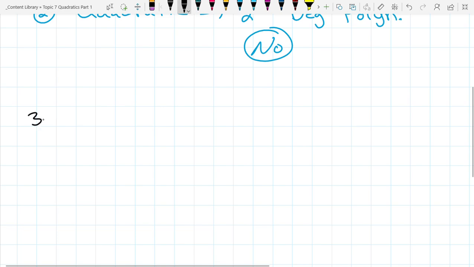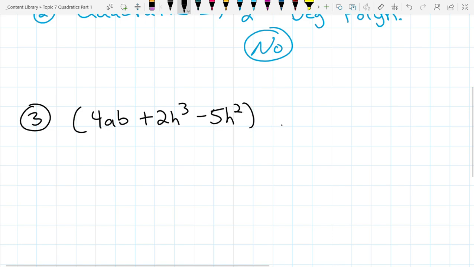On to question 3, where we actually start doing some calculations. So we have 4ab plus 2h cubed minus 5h squared plus 17ab plus 4h cubed minus 2a. And it wants us to simplify, to put together our like terms.